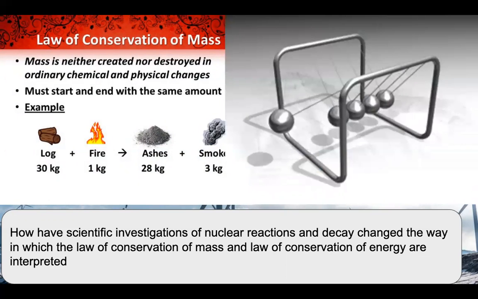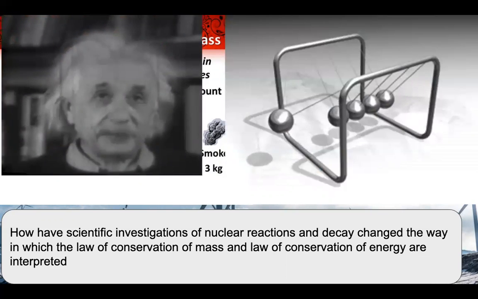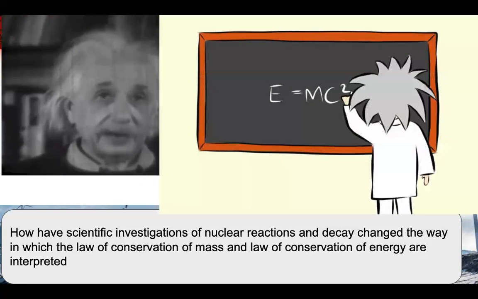However, it was Albert Einstein who actually said, well, these two things are essentially aspects of the same concept. And of course, he came up with his famous equation, E equals mc squared: energy is equal to mass multiplied by the speed of light squared.